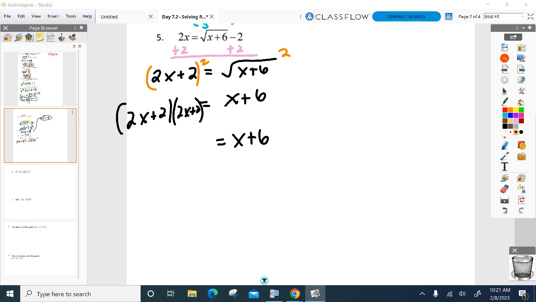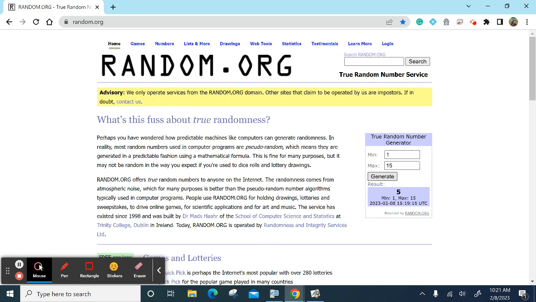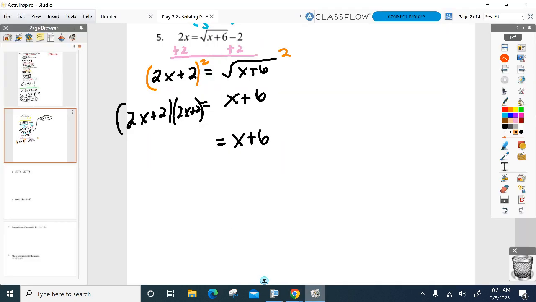All right, when you're ready, let me know what you have. Just on the left side, what'd you get when you double distributed and combined all your like terms? Amanda, you ready? No, not really. All right, take your time.